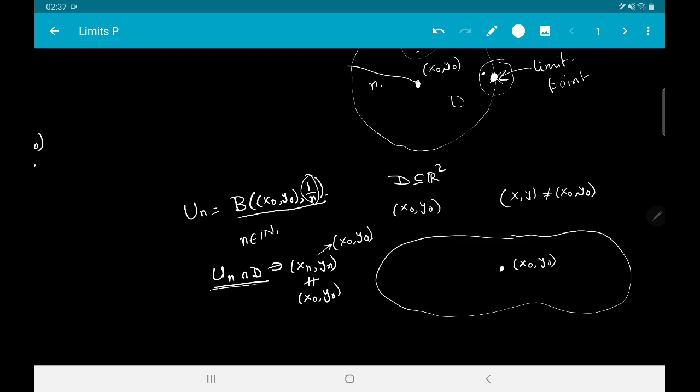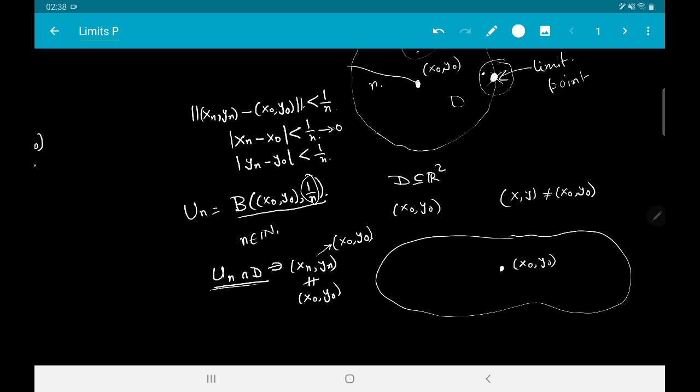What is a way of seeing that? The norm of (xn, yn) minus (x0, y0) is less than 1/n. So in particular, the modulus of xn minus x0 is less than 1/n, and the modulus of yn minus y0 is less than 1/n.